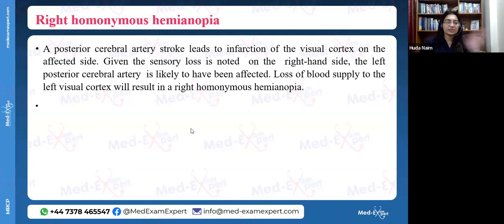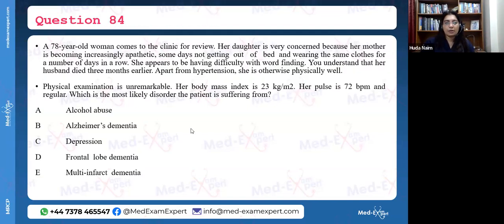Okay, opposite side. I think this was also on the exam this time.